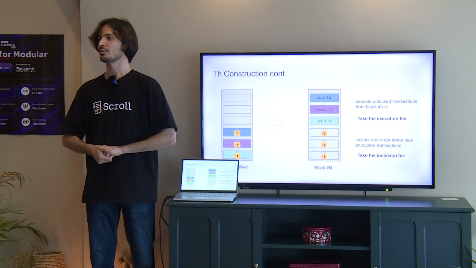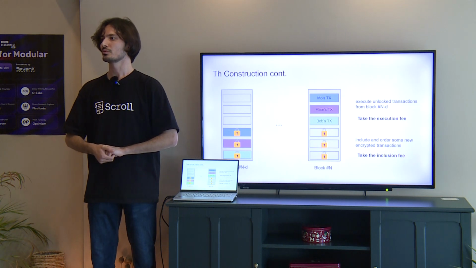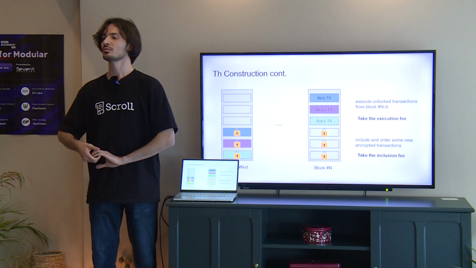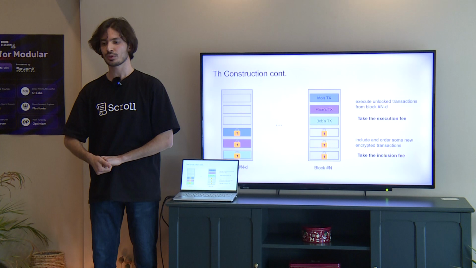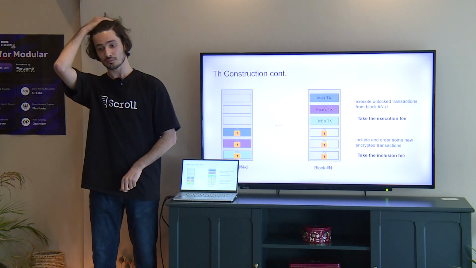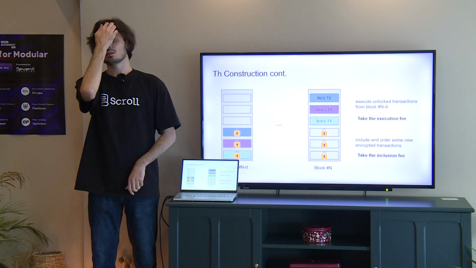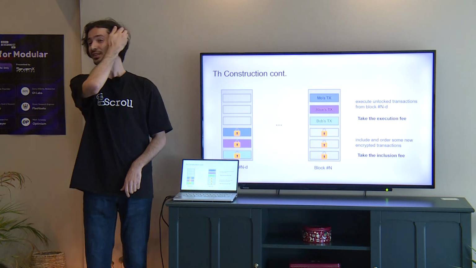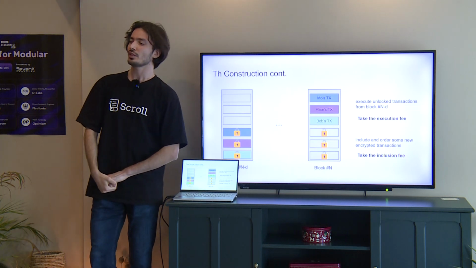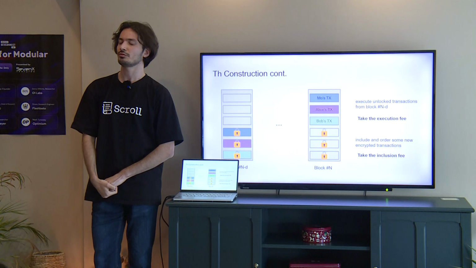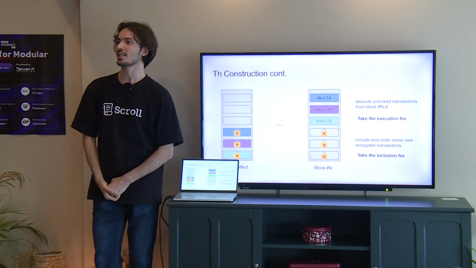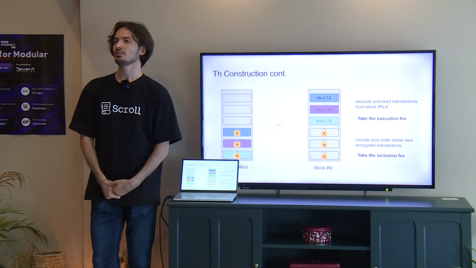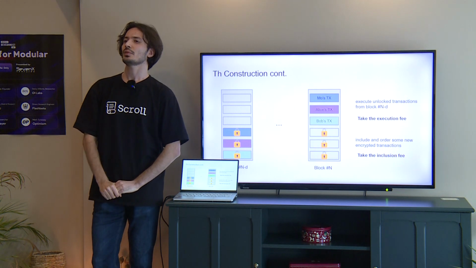My question is, why not use the verifiable delay function for encryption? Very good question. So another approach is... if I understand correctly, verifiable delay functions can be used to randomly permute transactions in a block. But other than that, how can we use that?